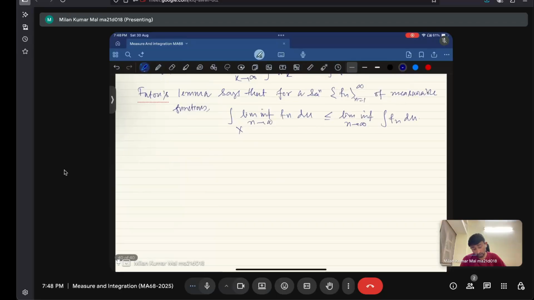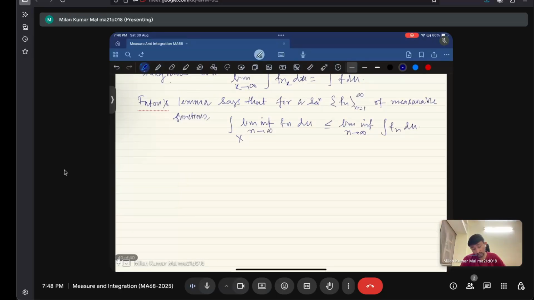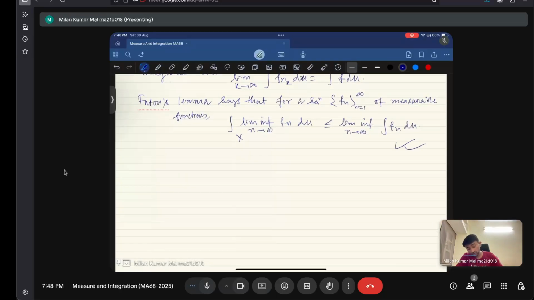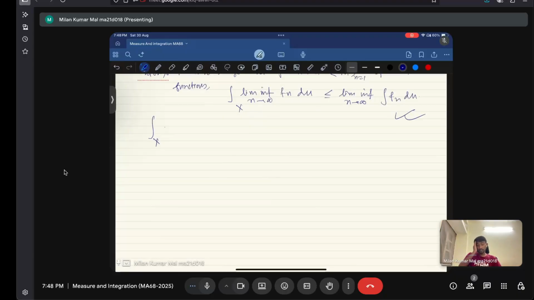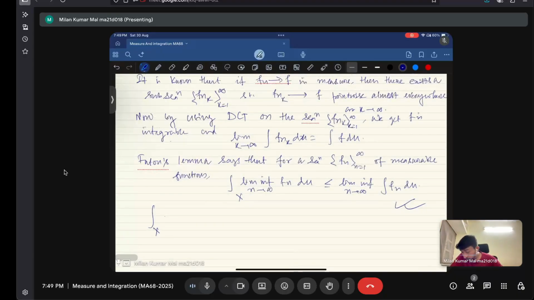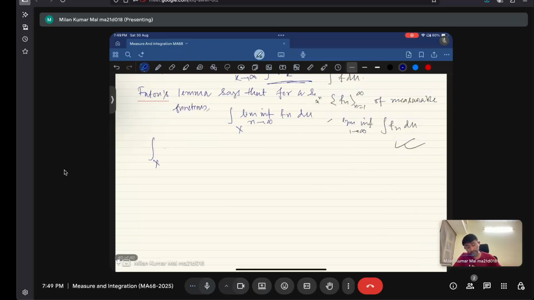But also by using Fatou's lemma, this is Fatou's lemma in general. My claim is that not only this particular subsequence converges, but rather the full sequence: the integral of fn d mu converges to the integral of f d mu.